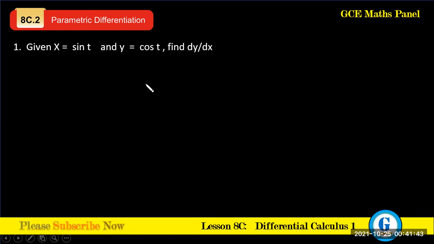So for parametric differentiation, we will have to look for dx dt. And what is dx dt? So dx on dt is equal to cos t. And what is dy dt? Dy on dt is equal to negative sine t.